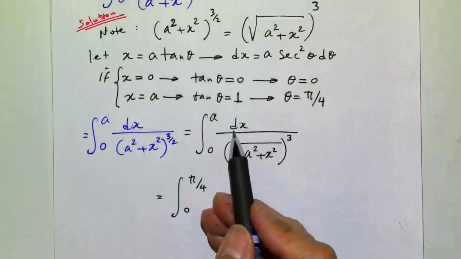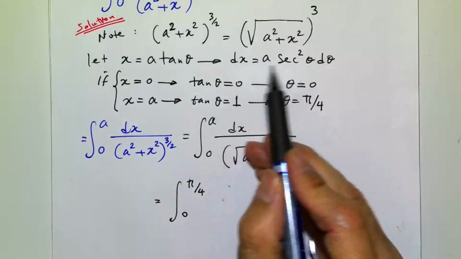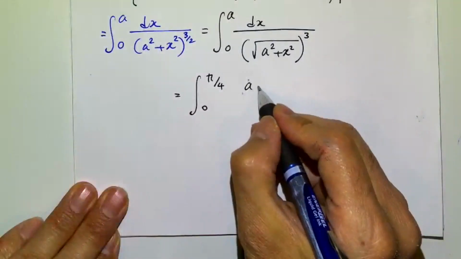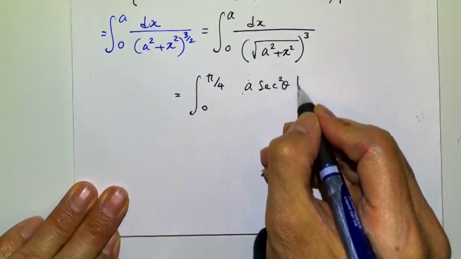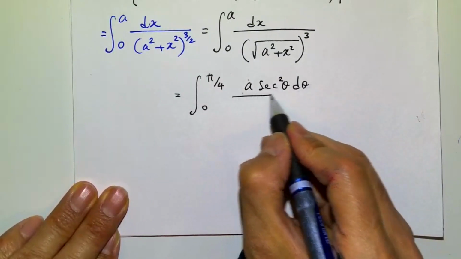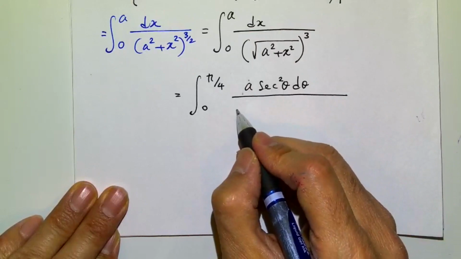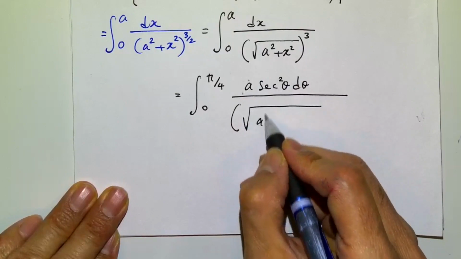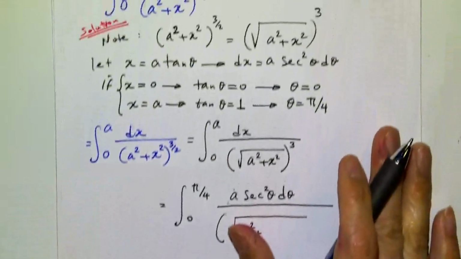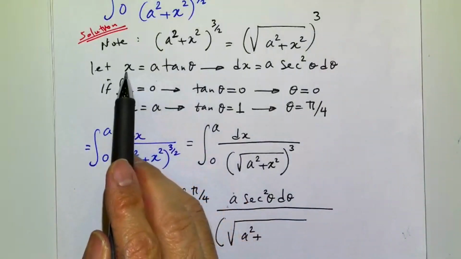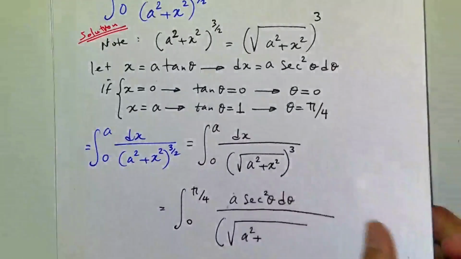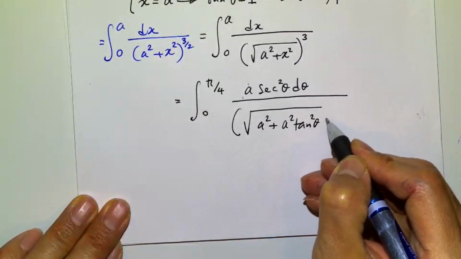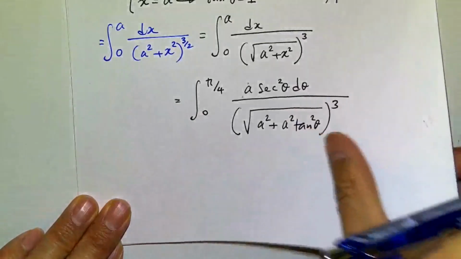So dx was equal to a secant squared theta d theta. So we're going to replace that with its equivalent in terms of theta and d theta, divided by, let's replace x squared. a squared is a squared, but x squared is going to be replaced by a squared tangent theta squared, cubed, right?